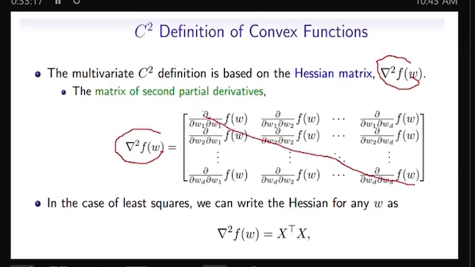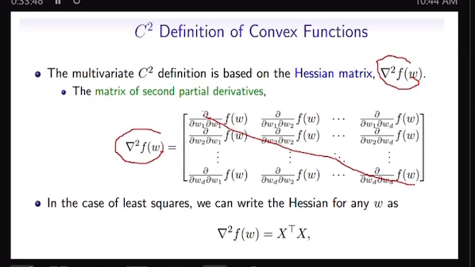In the diagonal of the matrix, I'm differentiating with respect to the variable two times. I differentiate with respect to W1 twice, then with respect to W2 twice. In the off diagonal, when I differentiate with respect to W1, then I differentiate with respect to W2. So this is what we call the Hessian matrix.